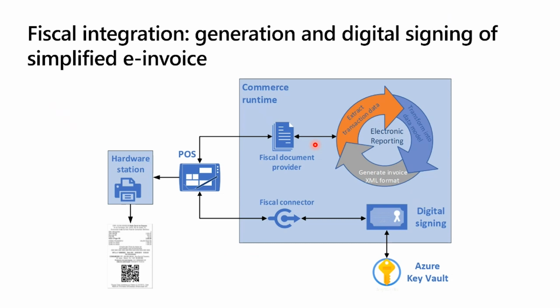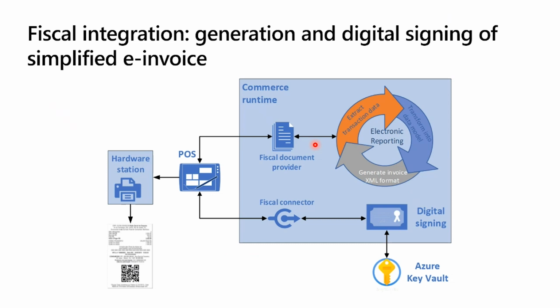So we use our fiscal registration capabilities, the fiscal integration framework, to support these requirements of Saudi Arabia, and any fiscal integration functionality that is developed based on the fiscal integration framework in commerce consists of two major parts.